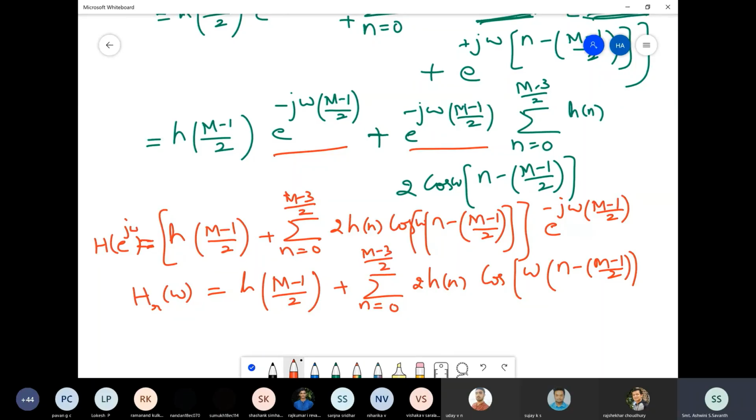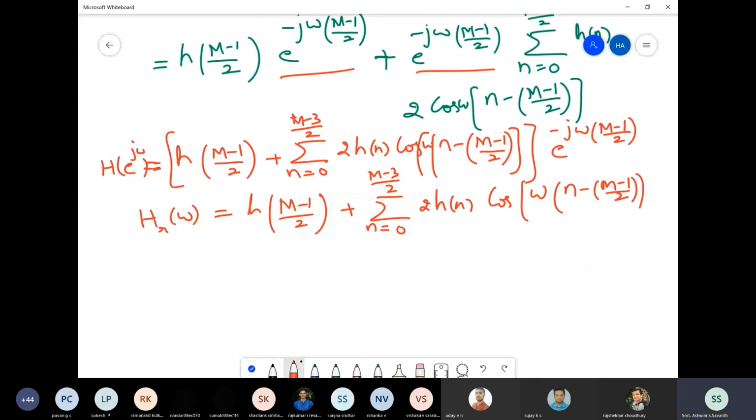That is your magnitude part, and the phase phi of omega is minus omega into (M minus 1)/2. e to the power j theta, so theta is minus omega (M minus 1)/2.